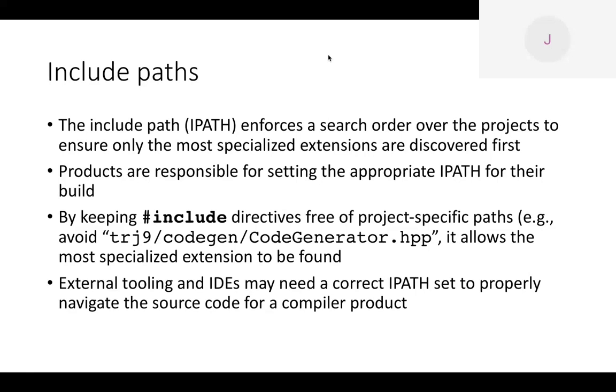Like if I'm editing code for x86 and Java, I need to set up the iPath correctly in my IDE to be able to find all the parts that I want. Otherwise, if I do a search for a code generator, for example, I might be finding stuff in the Z code gen that's not interesting to me at all. So just something to be aware of if you're using IDEs to edit your code.